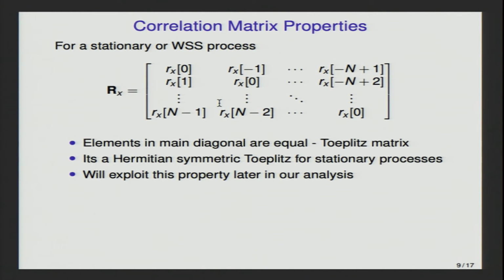This property can be exploited when we want to do, let us say, inversion of Rx. These matrices have some algorithms which you could use to obtain inverses efficiently. Rather than doing an order n cube inversion, we could have algorithms which are computationally less complex and achieve it in, say, order n square.